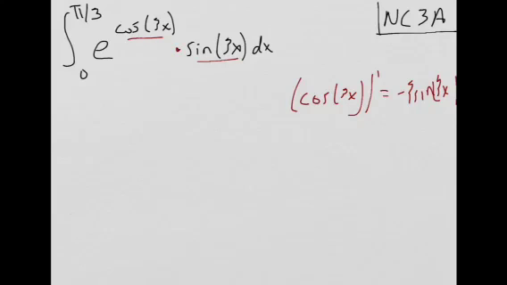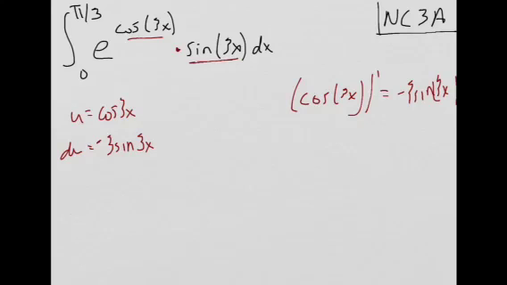So that tells me that I'm going to use u-sub. I'm going to try it at first, see where it goes. So I let u equal cosine 3x, du equals minus 3 sine 3x.